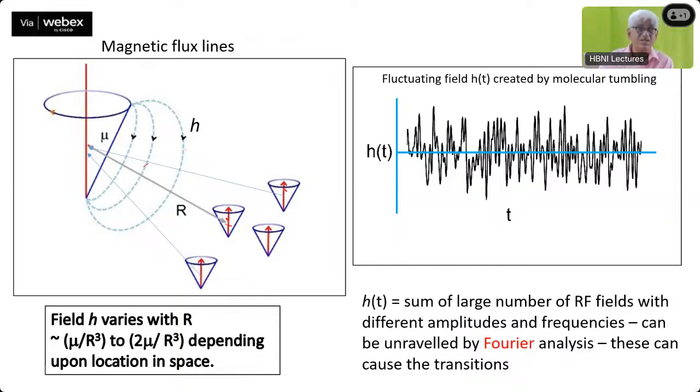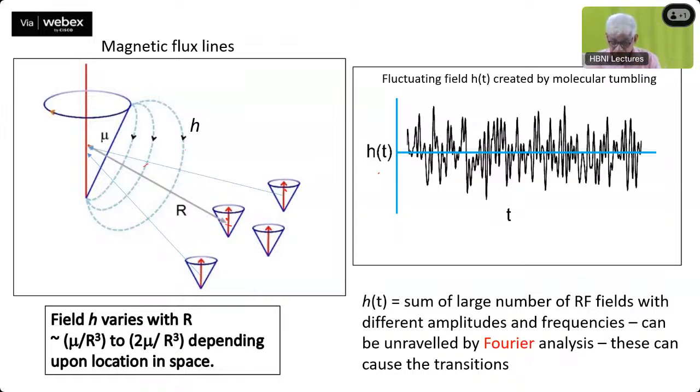Magnetic moment divided by r to the power 3. So therefore, this distance is fluctuating because of the motions inside the cell. And the rotation also. Therefore, at every point, every magnetic moment sees a superposition which is fluctuating. I write here h of t. This is a fluctuating magnetic field at every site.